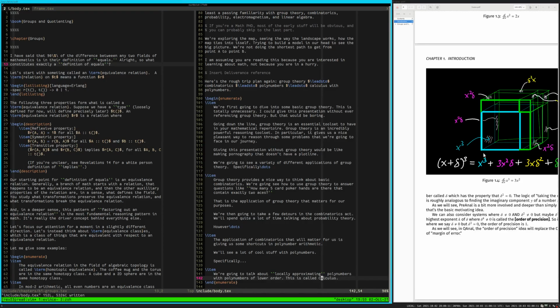All right, I'm going to take a break. This is calculus for white people. We're going to talk about locally approximating polynumbers with polynumbers of lower order. This is preanal.